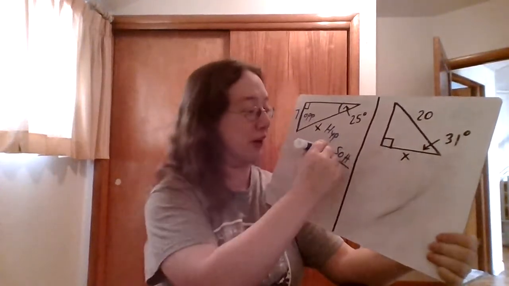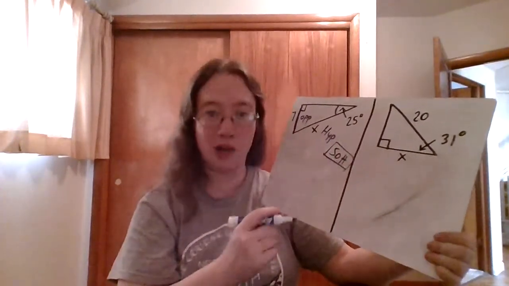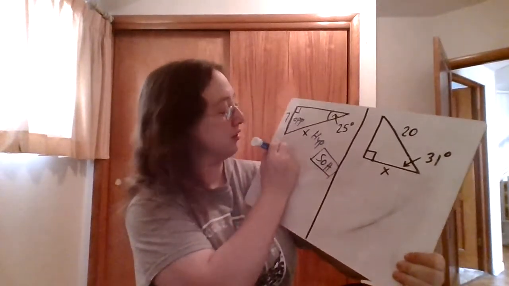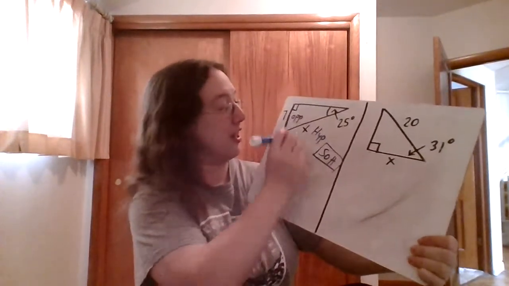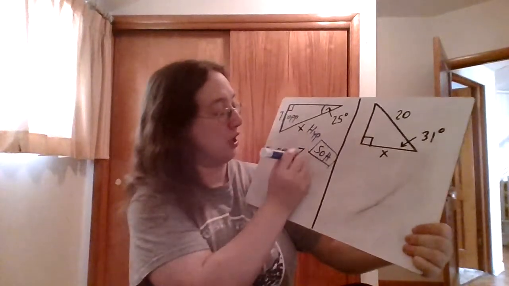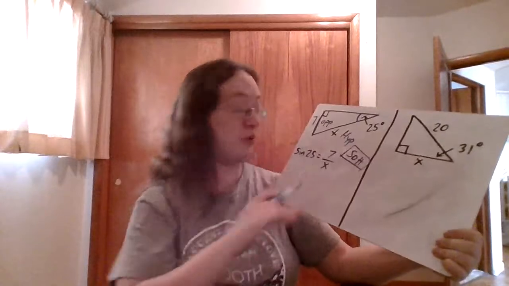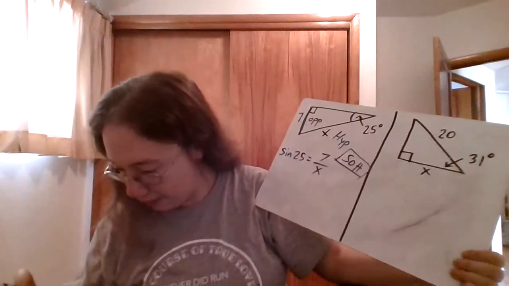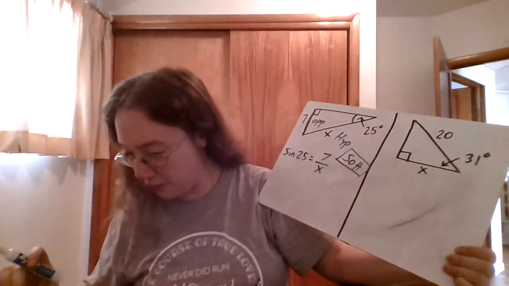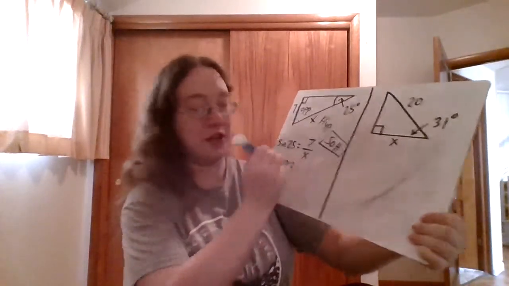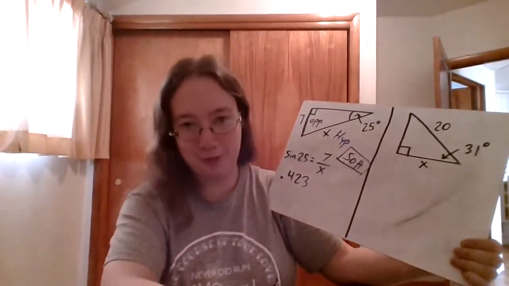So really, once you figured out which one of these three things you want, you're probably good. So our sine of 25 is our opposite side, which is 7, over hypotenuse, which is the thing we're looking for. And then you're punching in the sine of 25, which gives you about 0.423. And I know there are more numbers, but in general, 3 decimal places is plenty.